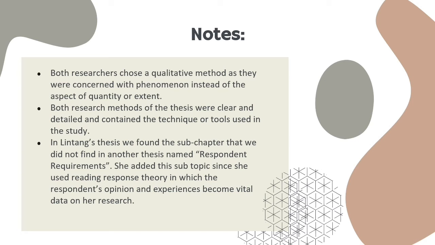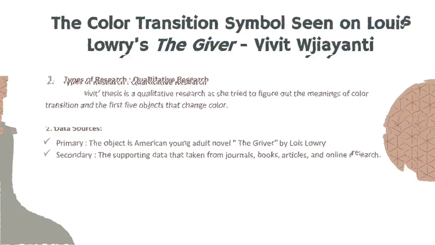And last, in Lintang's thesis, we found a subchapter that we didn't find in the other thesis, named Respondent Requirements. She added this subtopic since she used reading response theory, in which the respondent's opinions and experiences become vital data in her research. Next research.